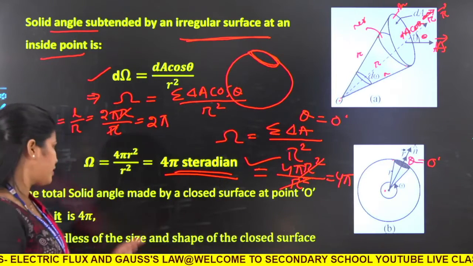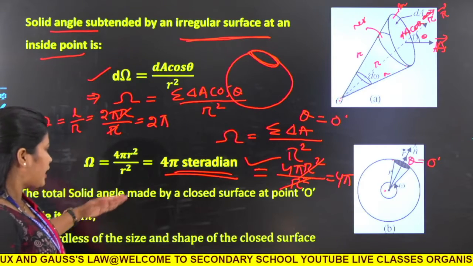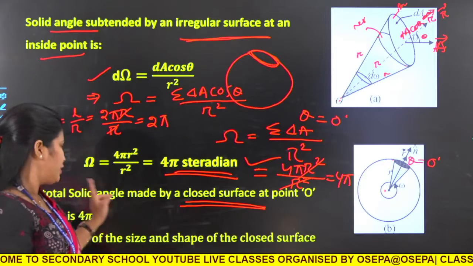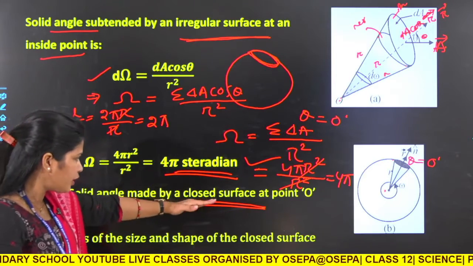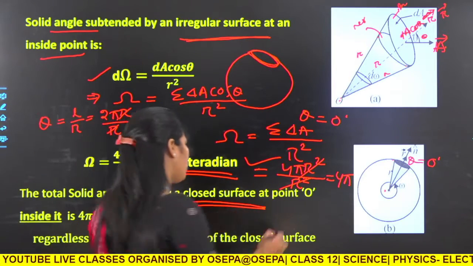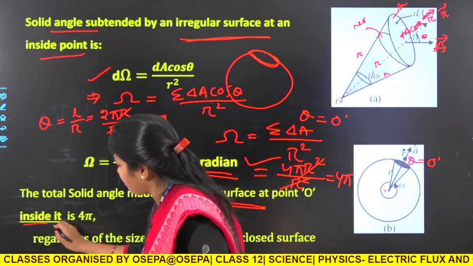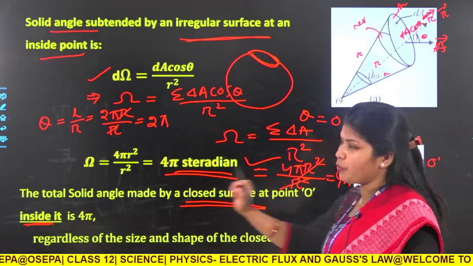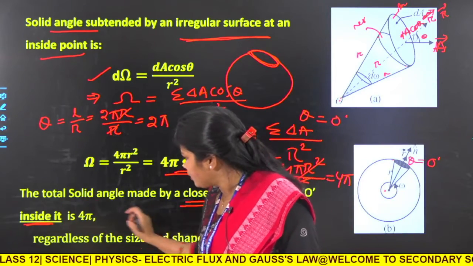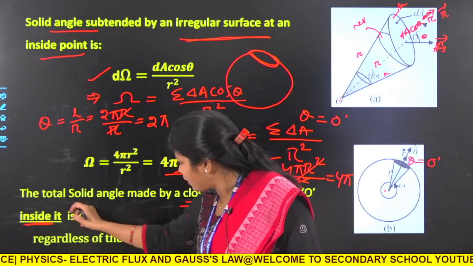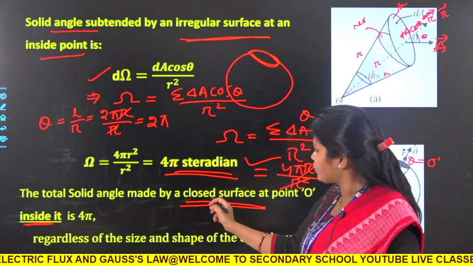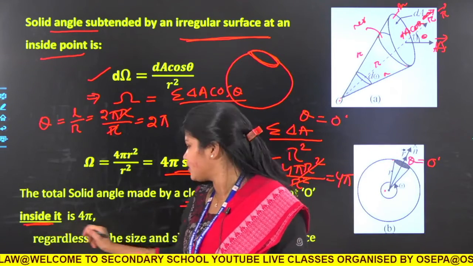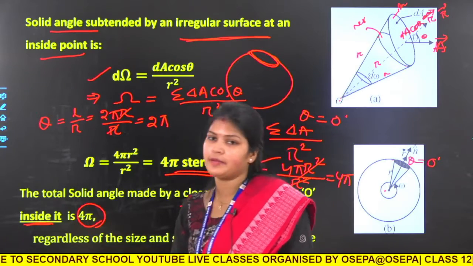In which case, the total solid angle made by a closed surface, remember this line, total solid angle made by a closed surface at a point O inside it, is how much? 4 pi.